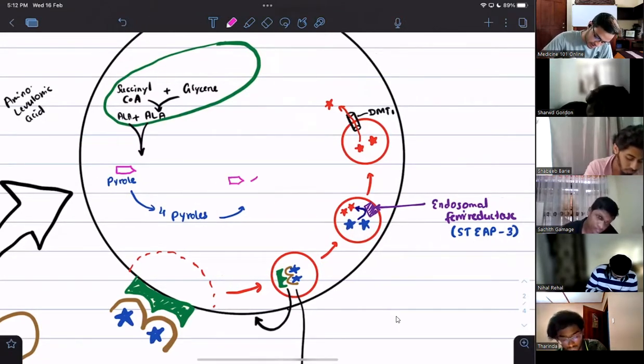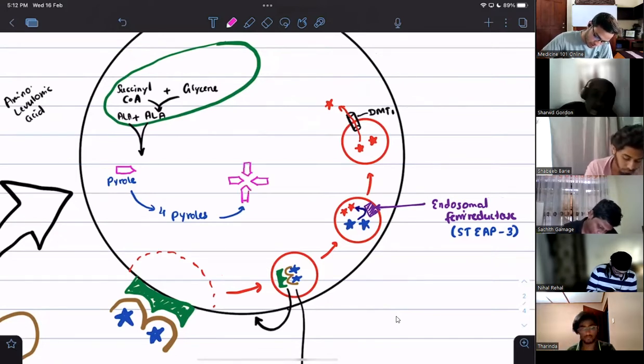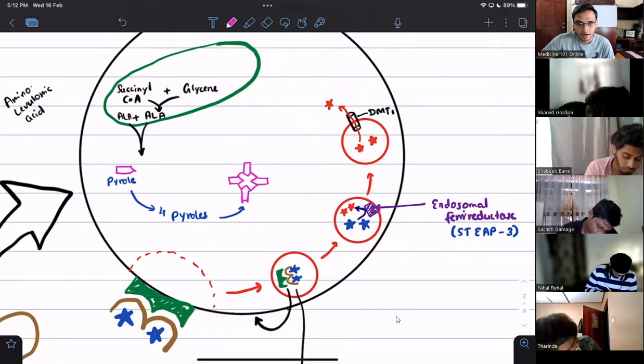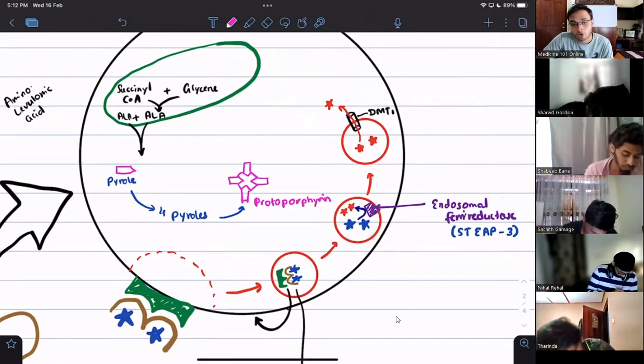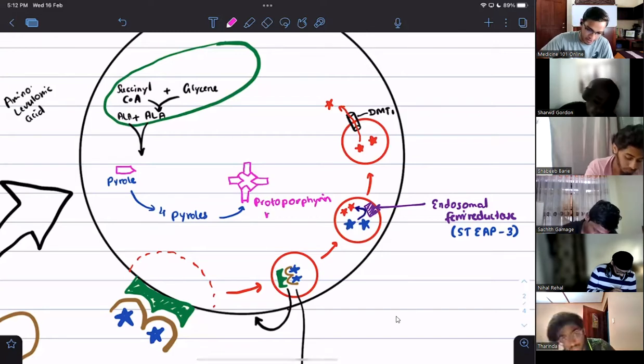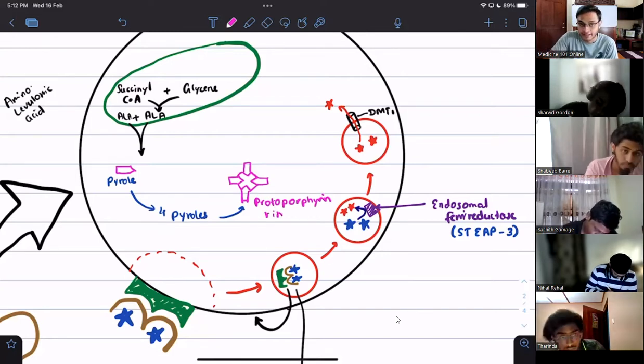Draw it like this. This is a pyrrole, 4 pyrroles getting together. We call this protoporphyrin. Protoporphyrin ring. We call this a protoporphyrin ring.